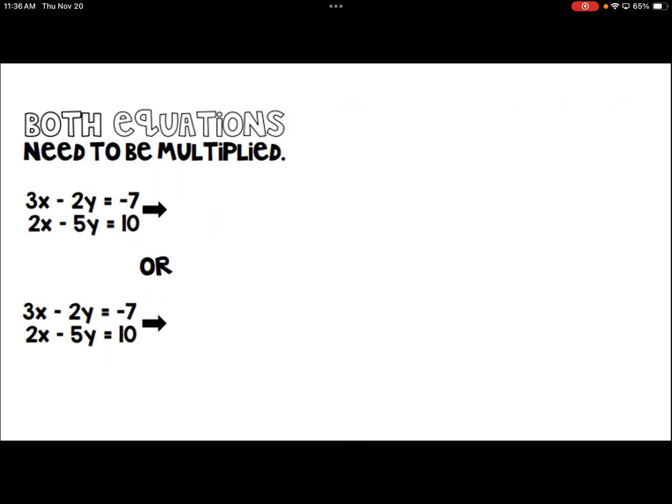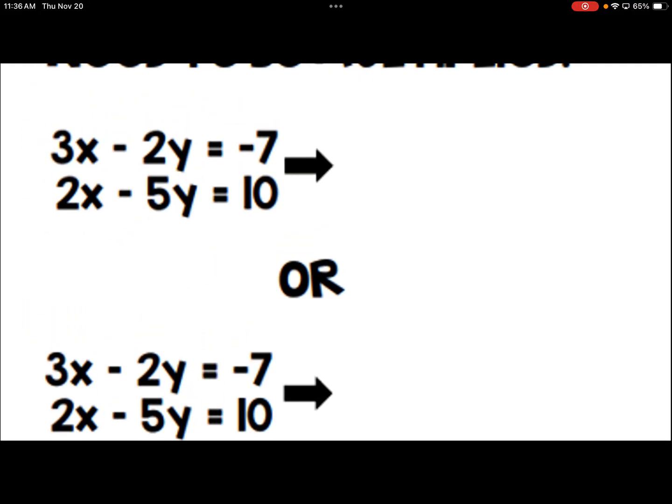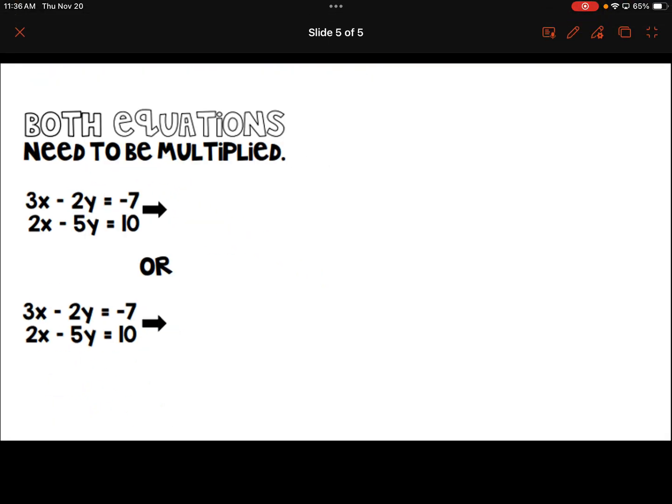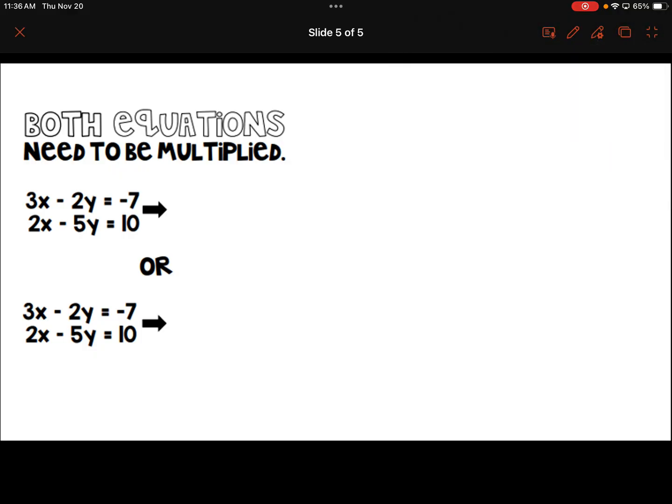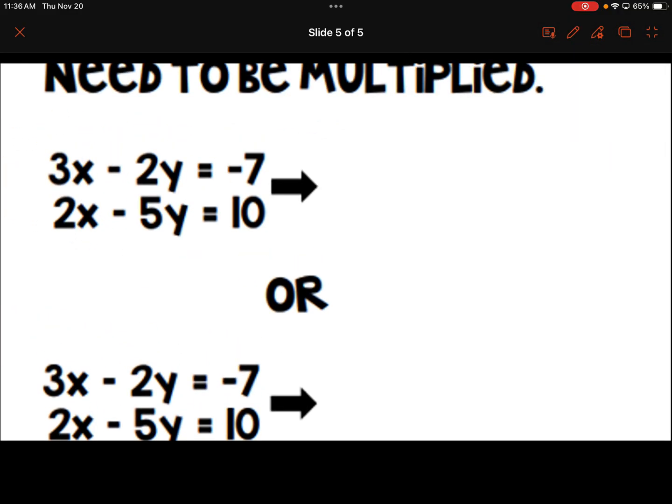Last scenario, what happens if multiplying one equation isn't going to make one of them eliminate? Well, then the second option is that you could multiply both the equations so that one of the letters eliminates. So on the first one, let's say, okay, my goal is to eliminate x.